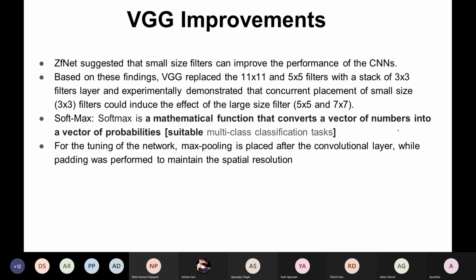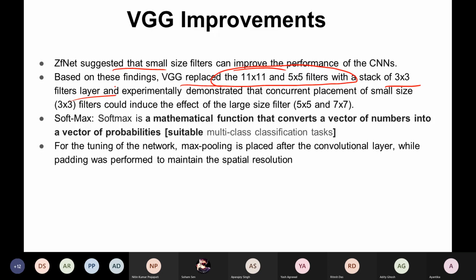As ZFNet suggested, smaller filters can improve performance. Based on these findings, VGG replaced the large filters present in AlexNet with a stack of smaller filters, and experimentally demonstrated the improvement with the use of 3x3 filters.